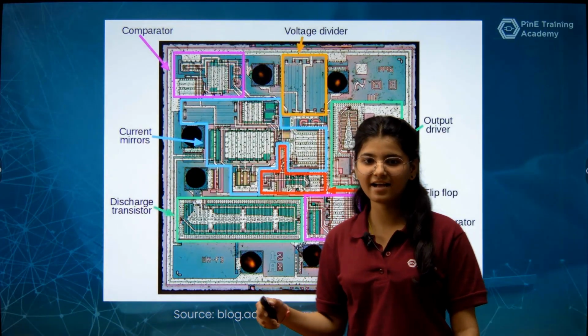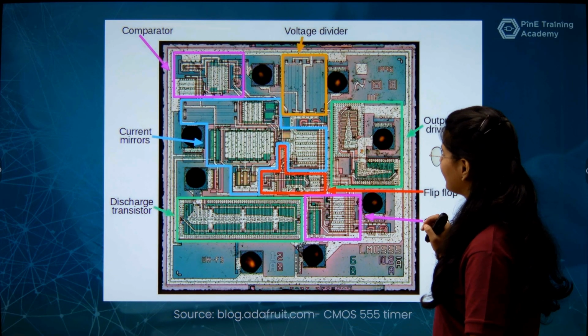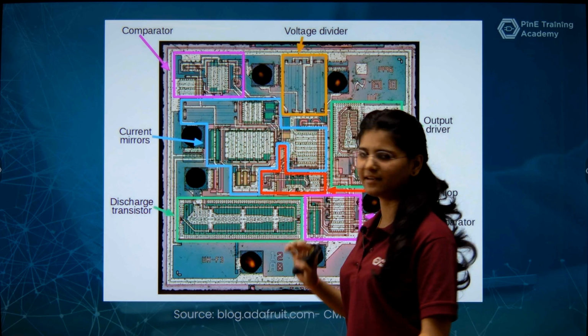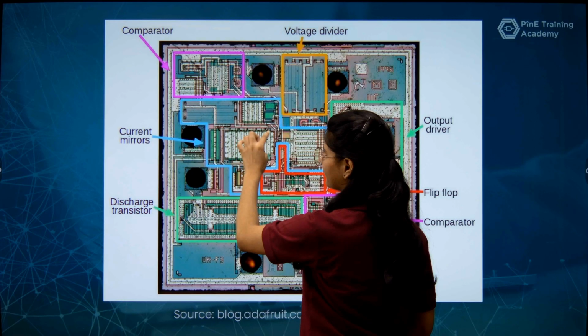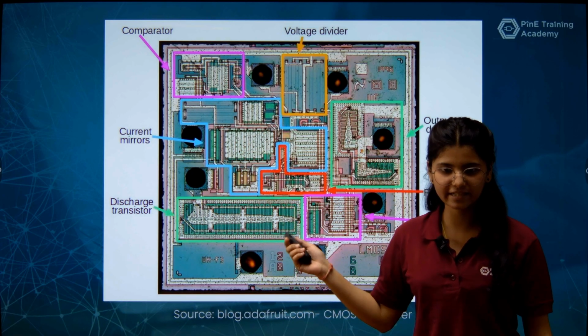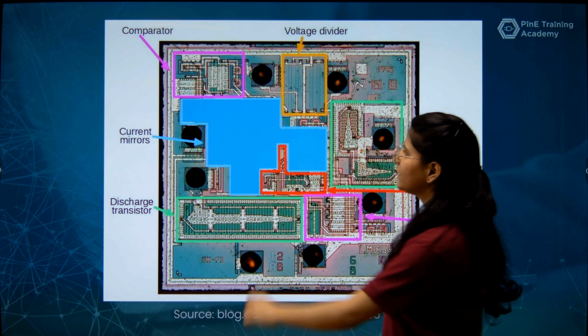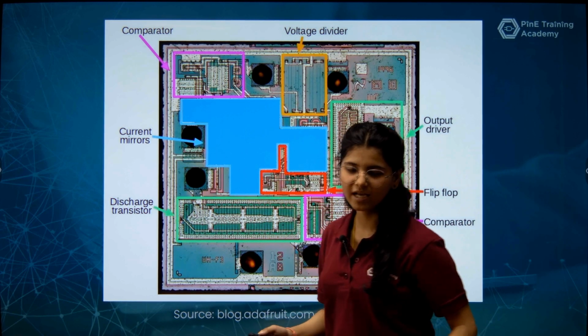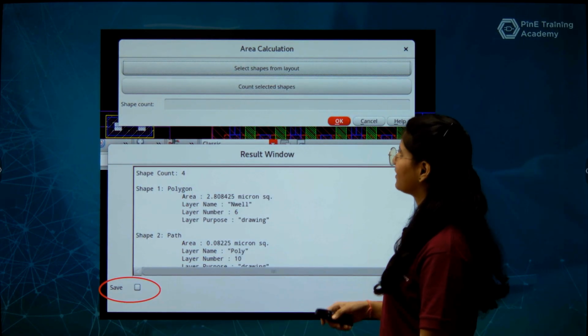Let's say I have this layout. What if I want to calculate the area of these current wires? Traditionally, I would have calculated the area of these small rectangles and summed it all up to obtain its area. But using our tool, I can simply overlap it with a polygon over here, and I can select this polygon and obtain its information.